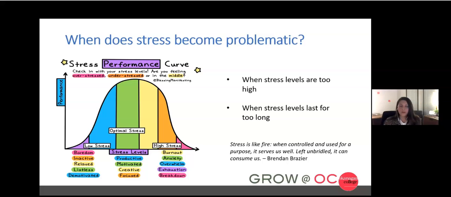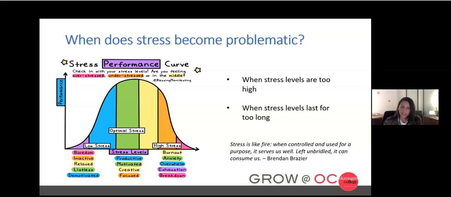Okay, so if you look here, we actually perform best and we're most productive as humans when we're under some stress, right? We see that kind of optimal level of stress. So that's in that green zone. So that means that we feel motivated by a little bit of stress, but we're not feeling so stressed that we're feeling anxious, overwhelmed, exhausted, and that burned out feeling, which I bet we can all relate to in some degree.